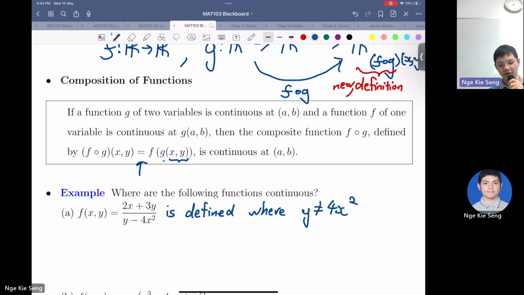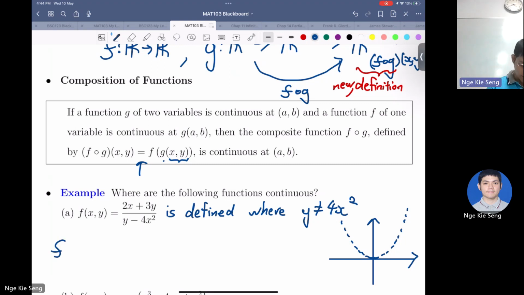So what is y equals 4x squared? It is a parabola. Okay, so it is defined away from this parabola. Because both of them are continuous everywhere, it is continuous everywhere except on the parabola.